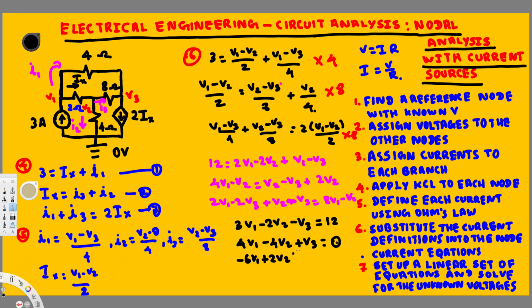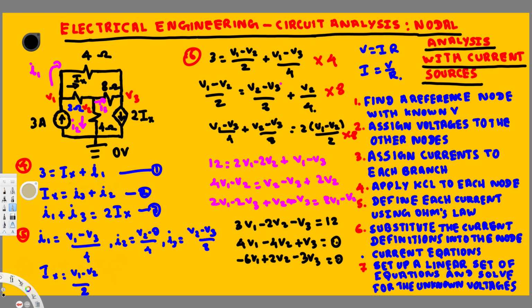And for v3 we have minus 2v3 here and another minus v3, that's going to make this one minus 3v3, and that's it. Also here we don't have any number, so that's equal to 0. Now we have all the equations.